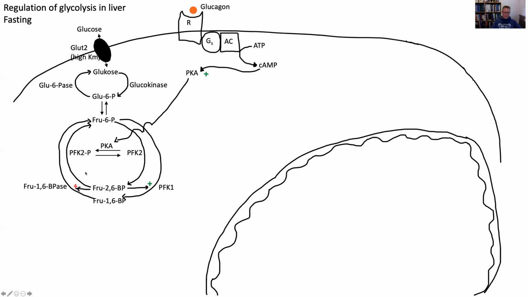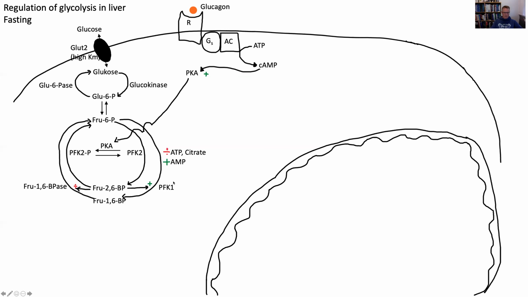This will result in lower levels of fructose 2,6-bisphosphate, meaning that we are actually removing a stimulator of glycolysis and removing an inhibitor of gluconeogenesis. So we overall will see that glucose is not being degraded, but actually we will be able to synthesize glucose via gluconeogenesis.